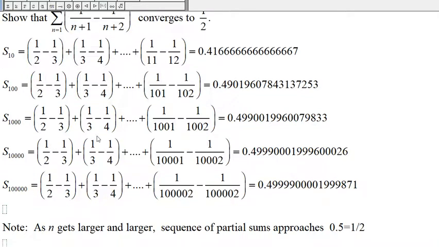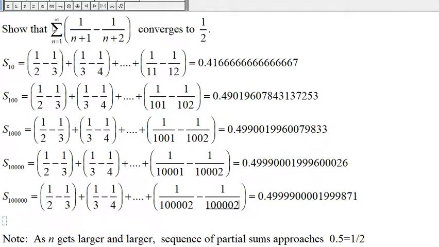So what we see here is this: as n gets larger and larger, this sequence of partial sums is moving towards 0.5 or 1/2. So we say that the sequence of partial sums approaches 1/2, and since it is approaching 1/2, we say that this infinite series converges to 1/2.